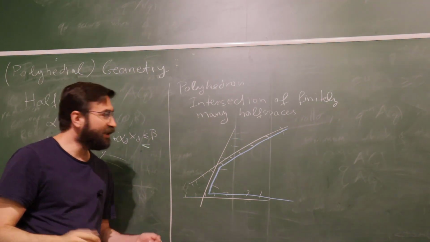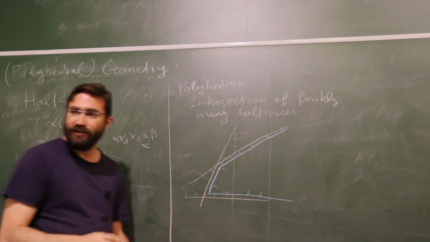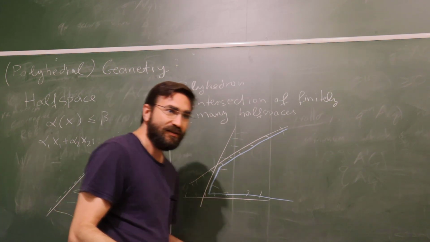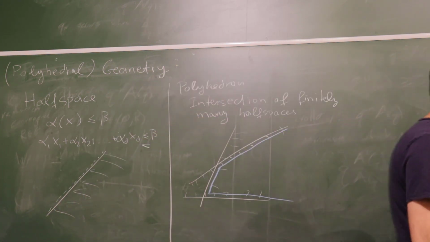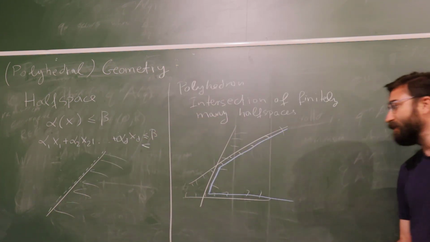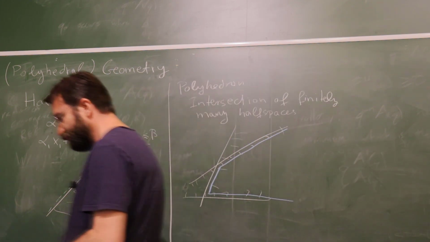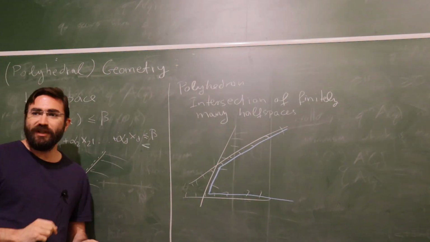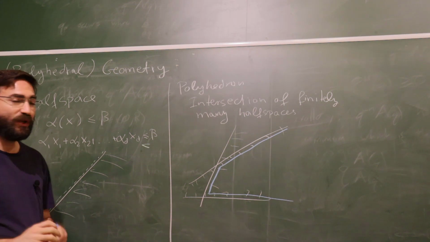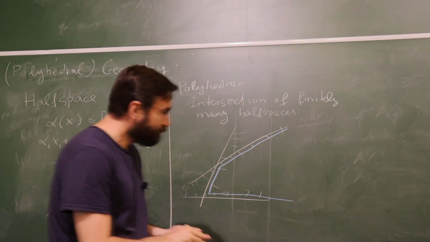In general, polyhedra have flat faces, in the sense that, for example, a circle is not one, because we cannot write it as the intersection of finitely many half spaces. That's obvious, but it will be relevant when we connect with partitions.